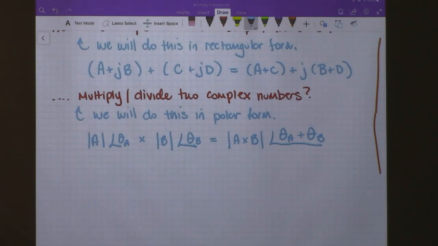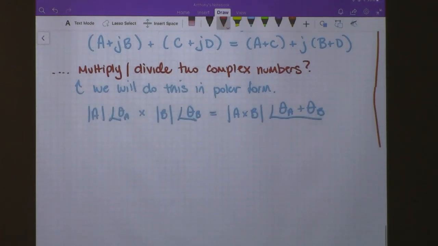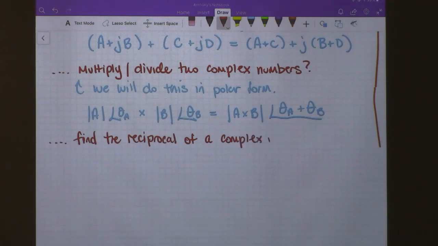Finding the reciprocal is really the key to doing division. So how do we find the reciprocal of a complex number, which is the same as just 1 over that number?